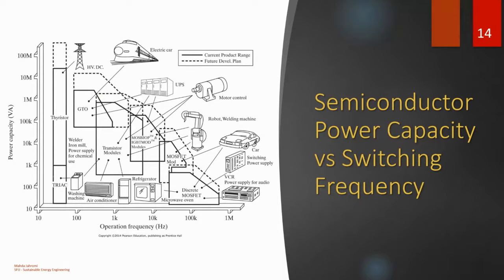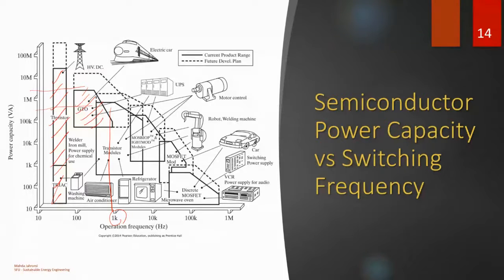So that's why with these higher power ratings, again, we only have thyristors available. These are only thyristors, GTO, TRIAC, and thyristor. These are thyristor switches. At higher power ranges, we have these available, but their switching capability is limited. The highest frequency that you can get is 1K. That means you can only switch these things maybe 1,000 times a second, but no more than that, which is still incredible.